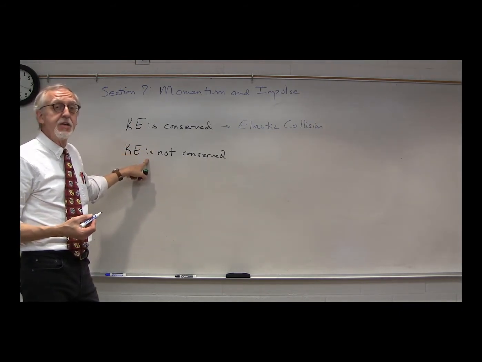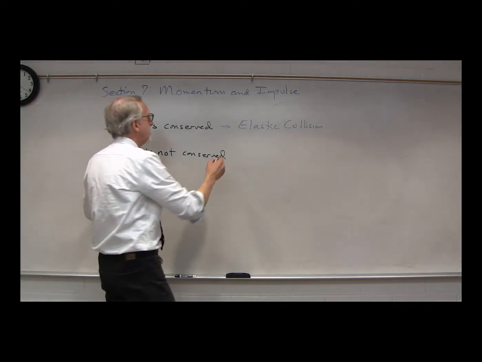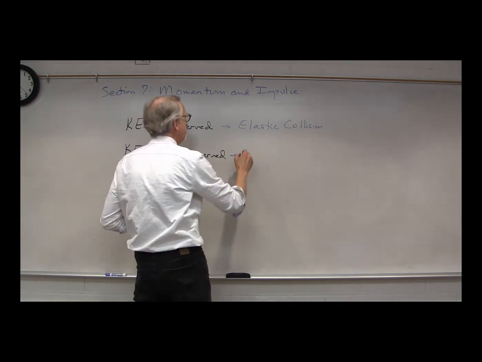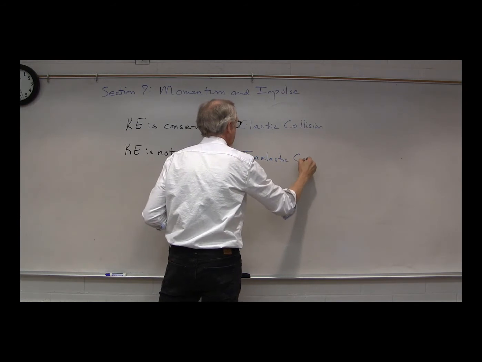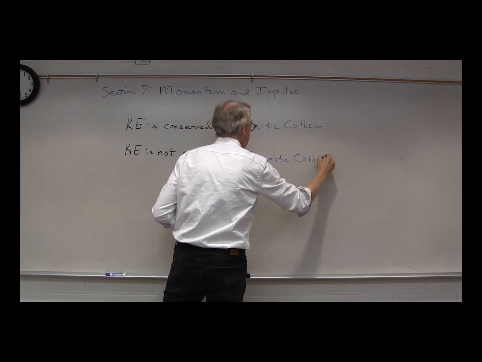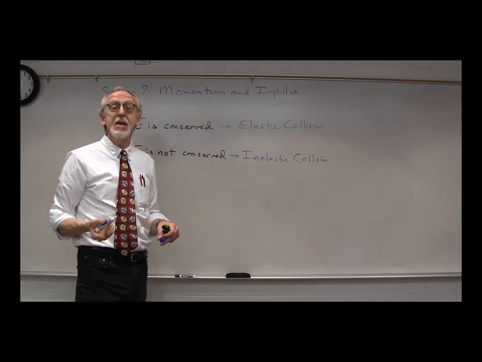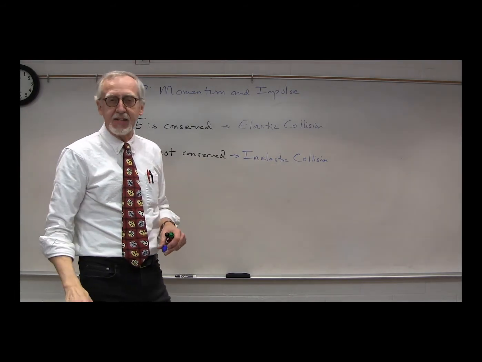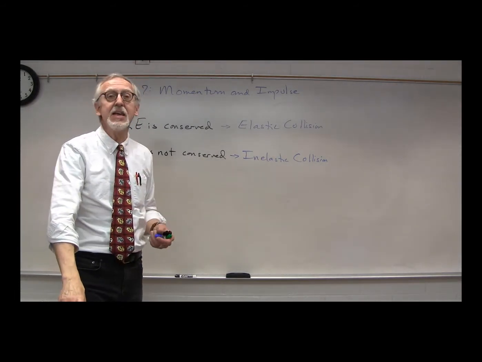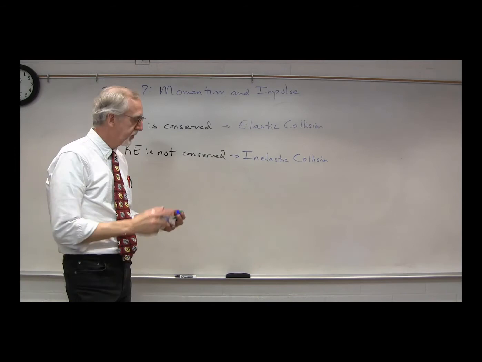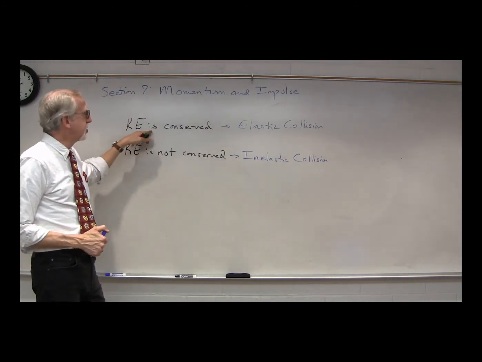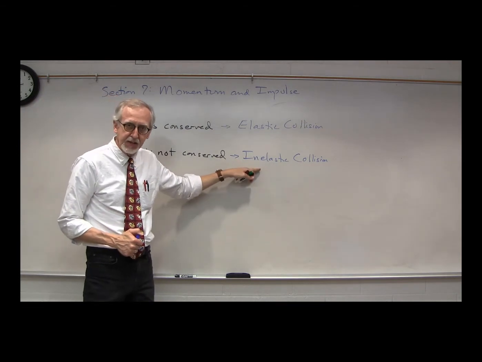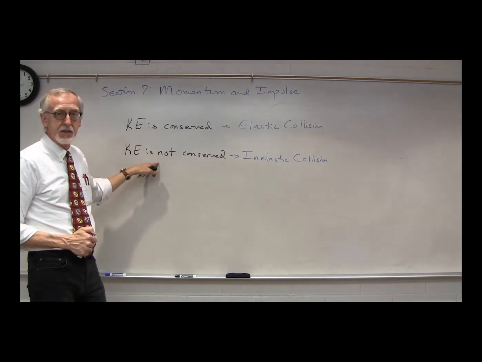Collisions where the kinetic energy is not conserved, these are called inelastic collisions, or it's an inelastic collision. So keep in mind, for elastic collisions, the kinetic energy is conserved. For inelastic collisions, kinetic energy is not conserved.